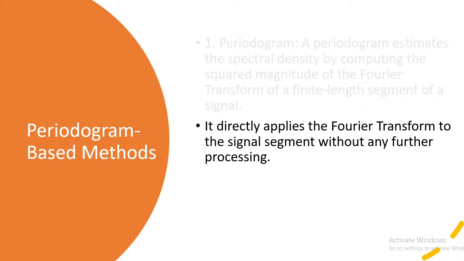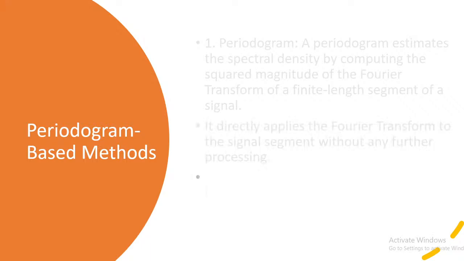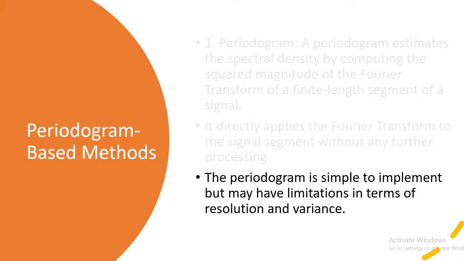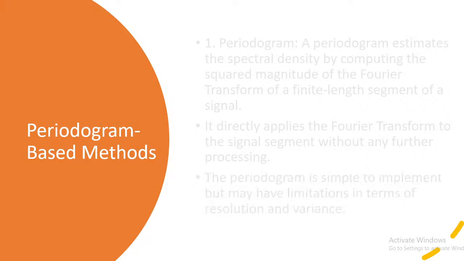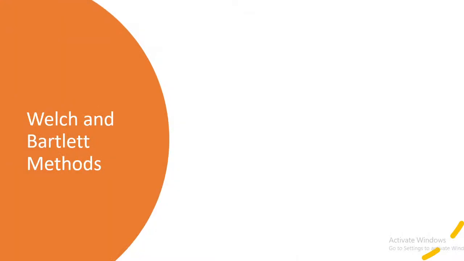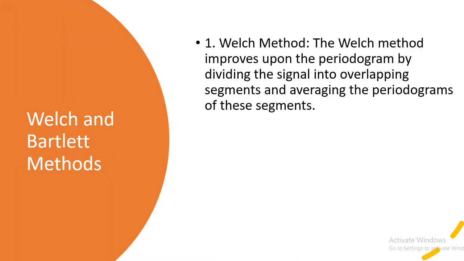That gives you the periodogram. This directly applies the Fourier transform to signal segments without any further processing. It is simple to implement, but it can have limitations in terms of resolution, variance, etc., because you are working directly over one segment.